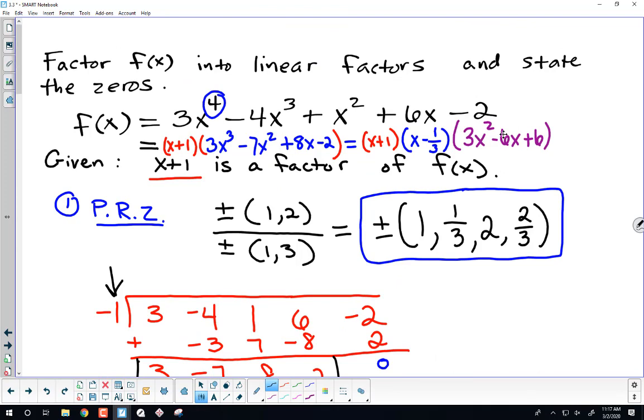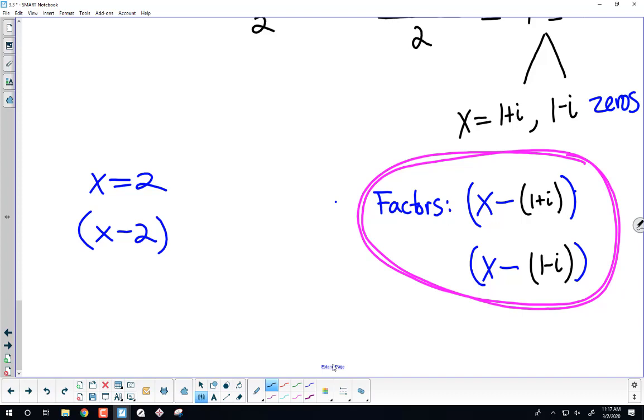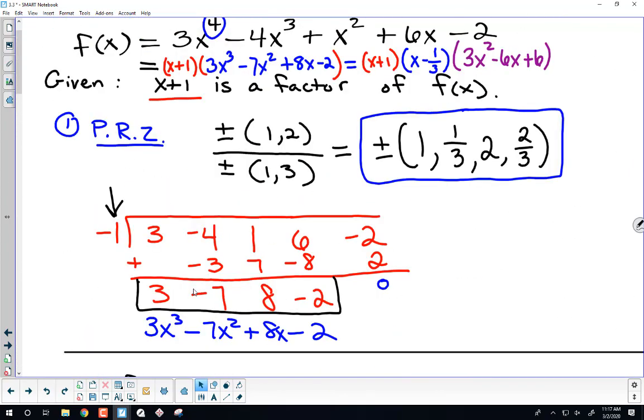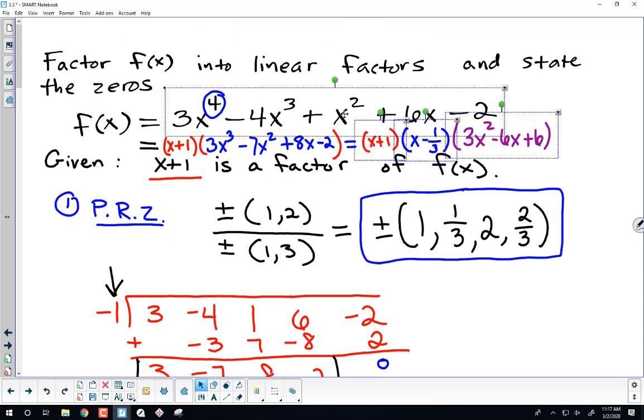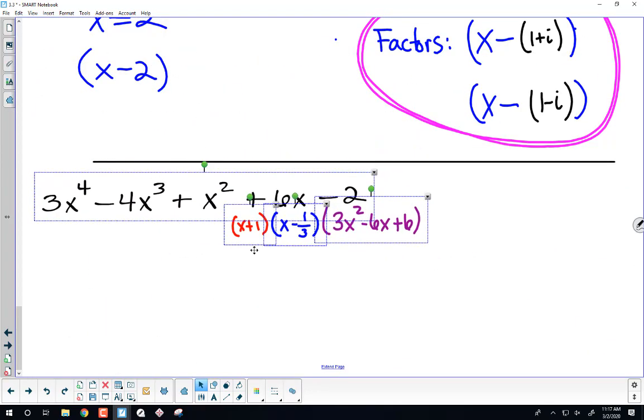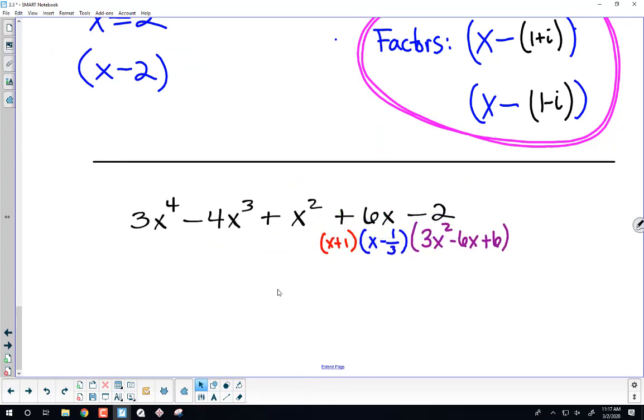You've got to break the quadratic down. And I would recommend writing it out step by step, because if you've just got a bunch of synthetic division and then you're trying to piece it all together, I think there's a tendency to get confused as well.